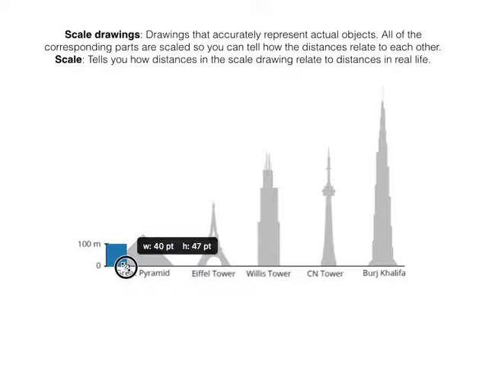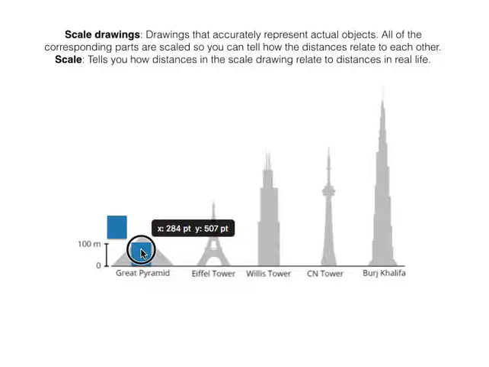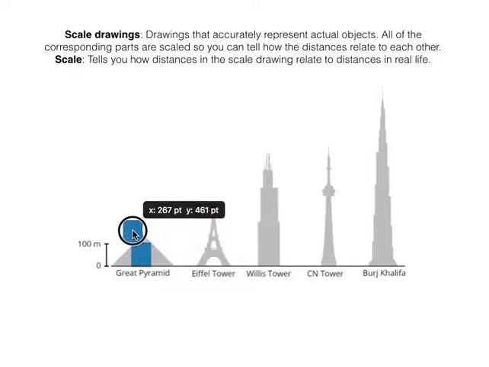If you know that this is 100 meters, take that and use it to measure how tall your objects actually are. So for the Great Pyramid, take one of those and then a part of another one. It takes one, so that's 100 meters, and it takes part of another one, a little bit less than half, so maybe this would be 140 meters.